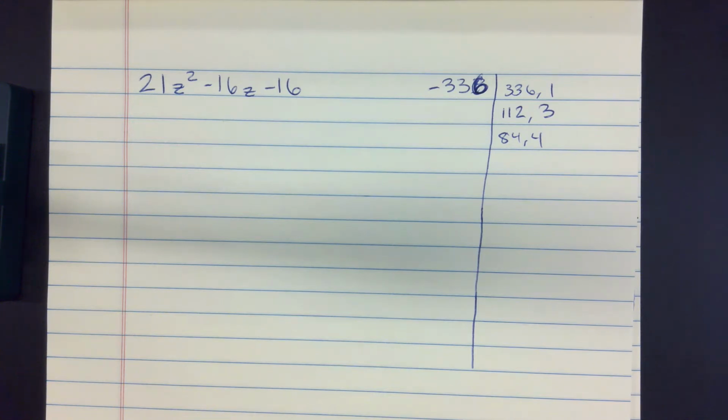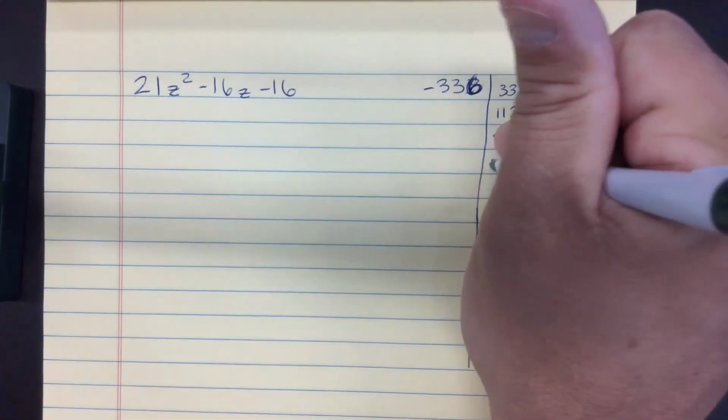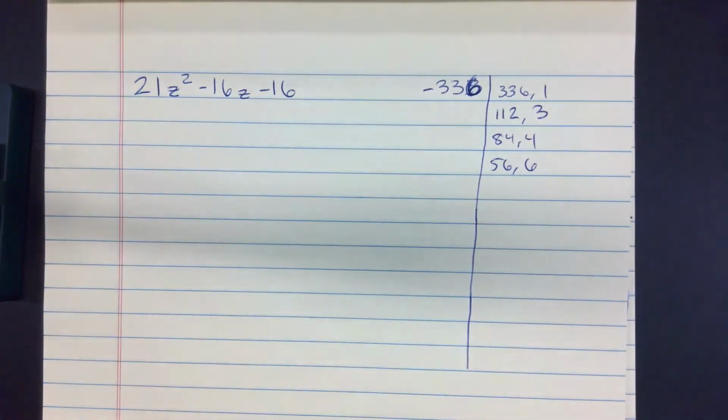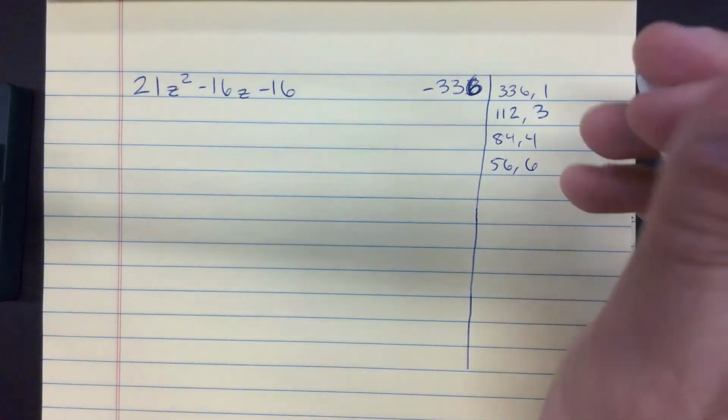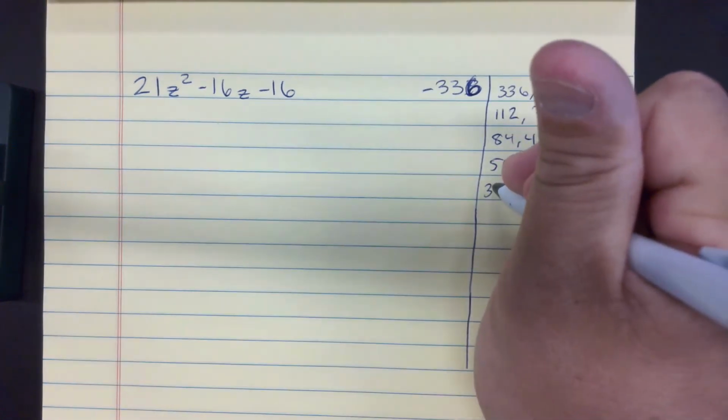Check it, Lane. 56 and 6, does that get to 16? Nope. 9 goes into it. How about 9? 9 doesn't go into it?